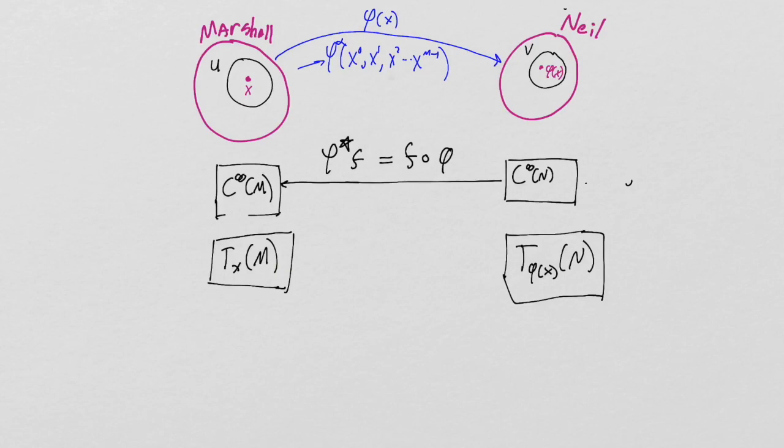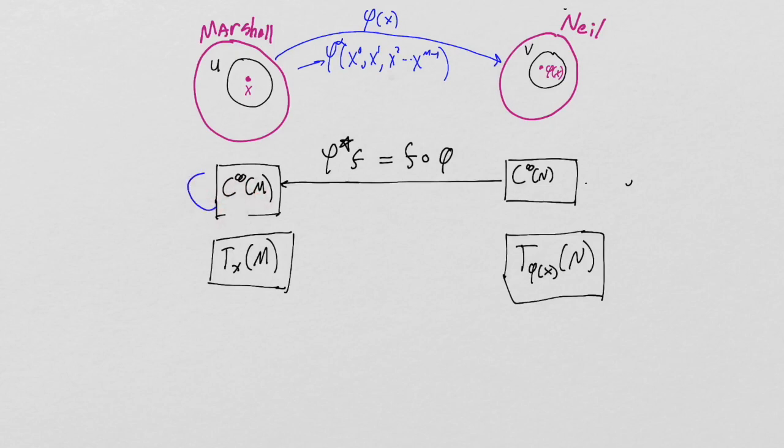And just as a reminder, the way we treat tangent spaces is this is the space of all differential operators which form a vector space at X. That's the sort of coordinate basis. That's how we understand tangent spaces. So each member of this tangent space is really a mapping from C infinity to itself, right?